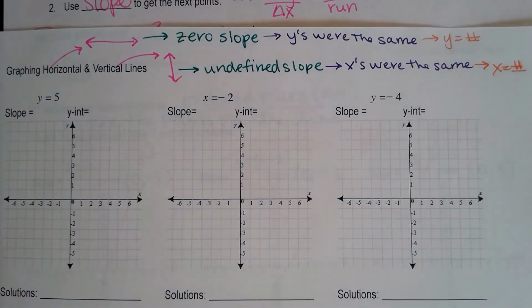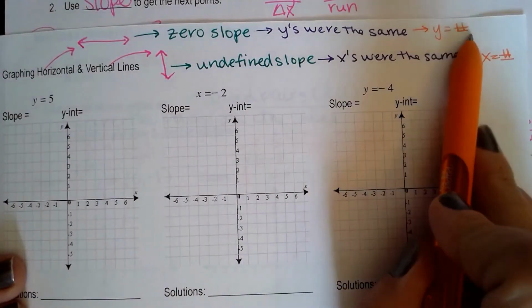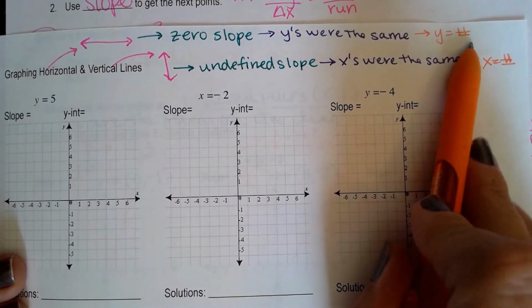Okay. So if you can kind of remember those or connect those dots, then anytime you have problems like these, they should be super easy. So for y equals 5, this is a y equals a number one.